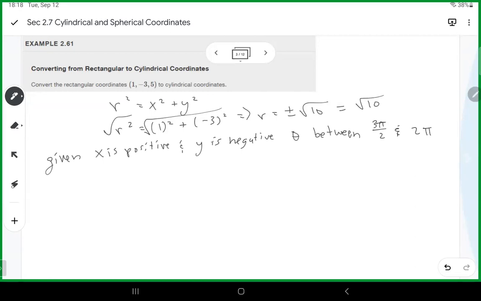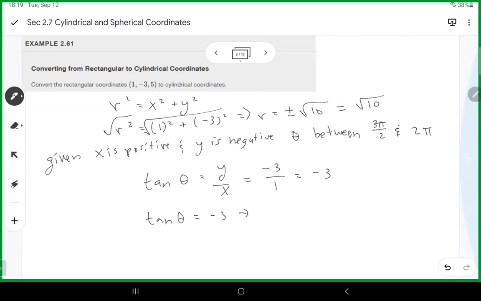So then we can actually use tangent theta, and we know that we have y over x, that's going to be -3/1, which is just -3. But that's the tangent of theta equal to -3.